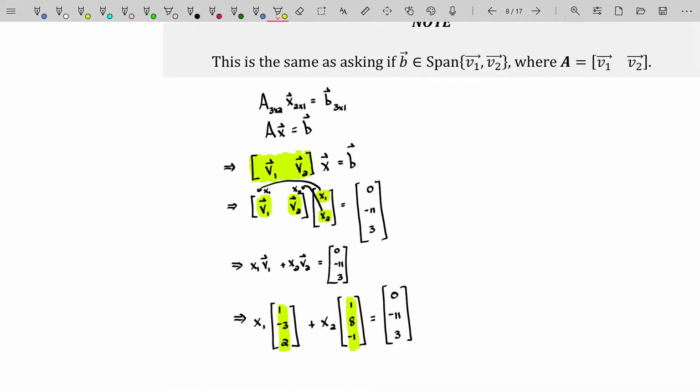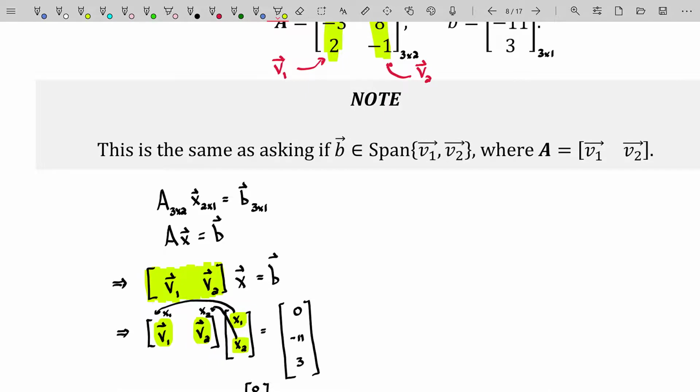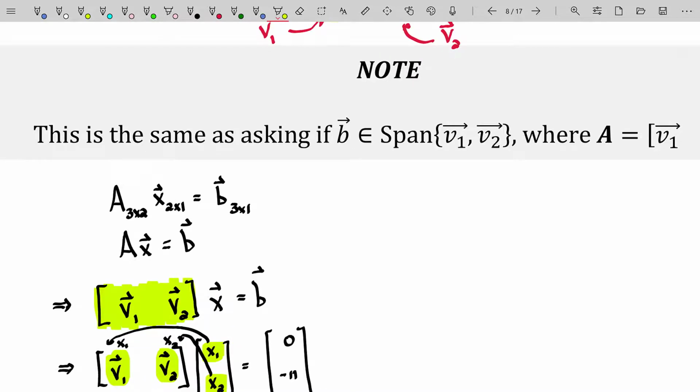But that also means, from our previous definitions, that B must be in the span of those 2 column vectors from the matrix A.